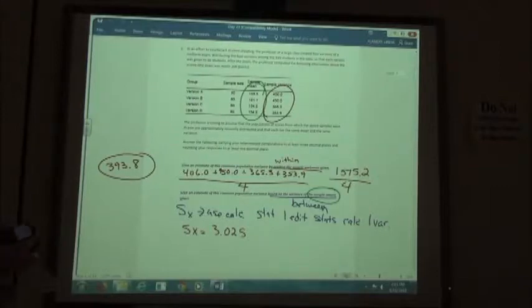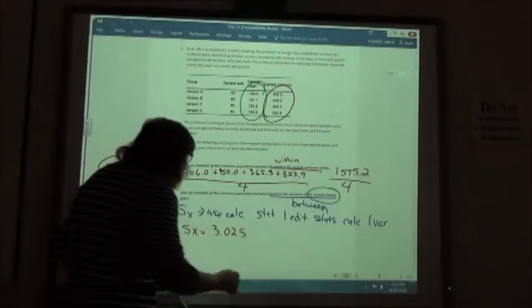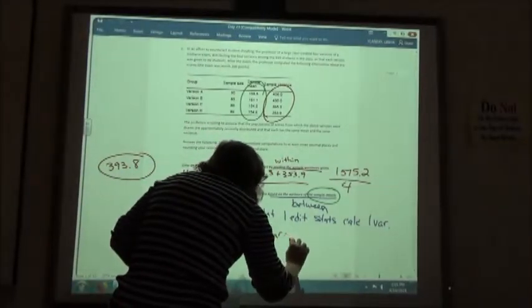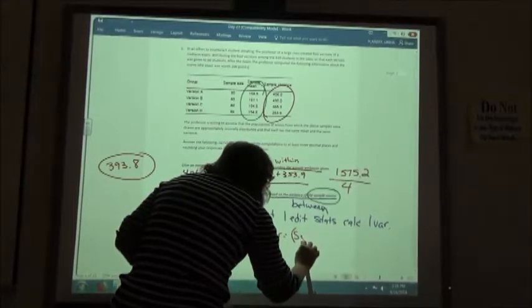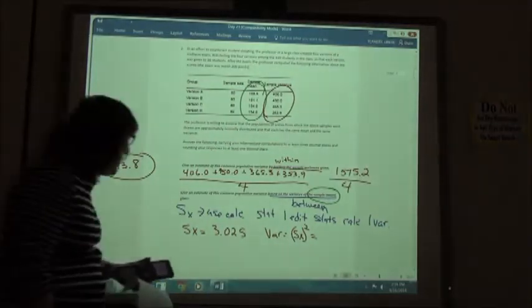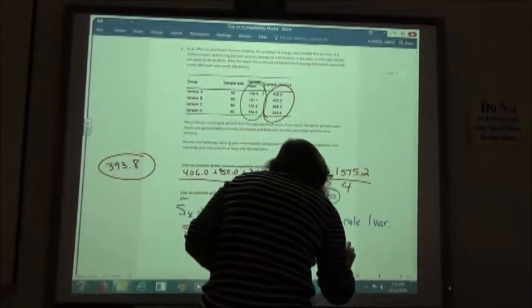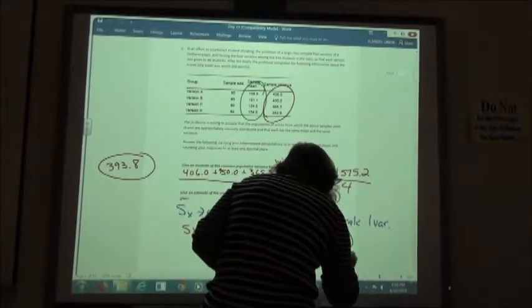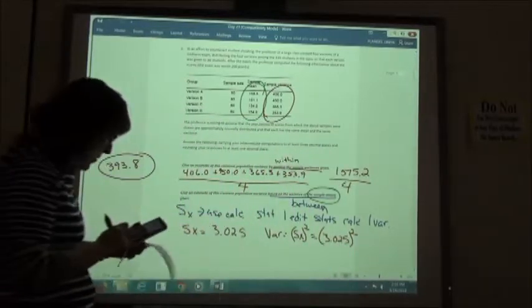Once we find that number there, we are then going to square it. My variance is my sample standard deviation squared. So I'm going to take 3.025 and square that number.